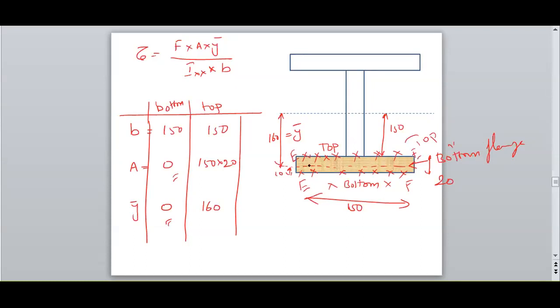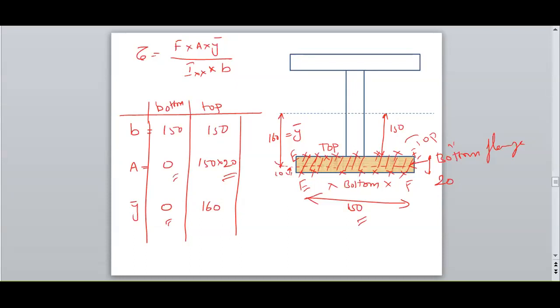Now the shaded area will be like this. Therefore, the area is 150 into 20. Now I am considering the flange. The width of the flange, B, is 150. Now I need to find the Y bar from the neutral axis.